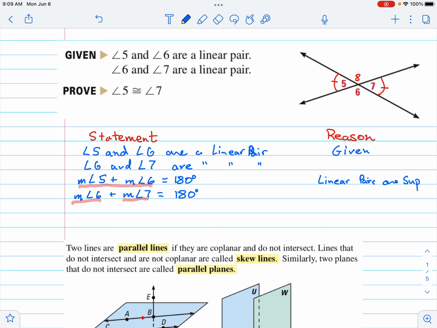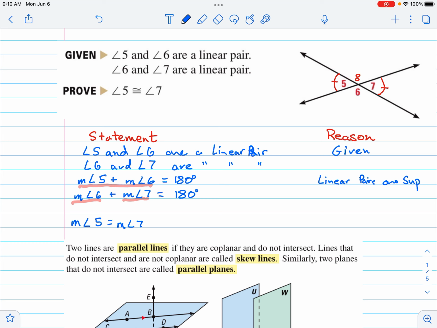Well, then that must mean that the measure of angle 5 is equal to the measure of angle 7. In other words, we've shown that angle 5 is congruent to angle 7. And why?